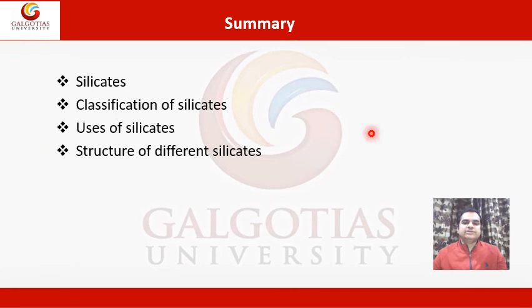Now, at last, let us discuss the summary of the present video. In this video, we have discussed what silicates are, and how we can classify silicates into different categories: orthosilicates, pyrosilicates, sheet structure silicates, chain silicates, and framework silicates.